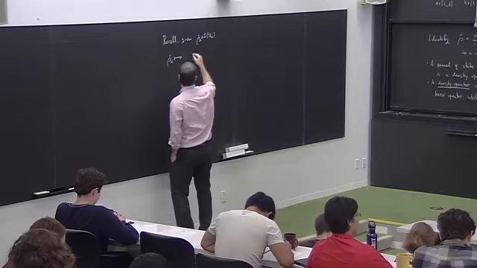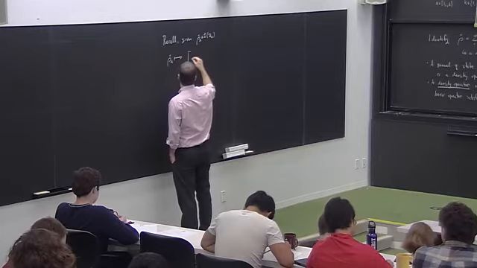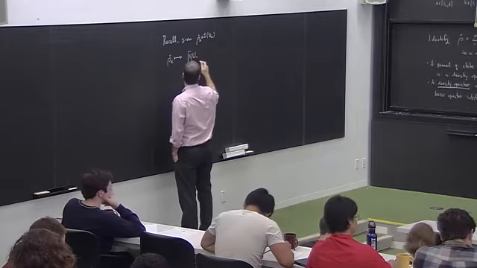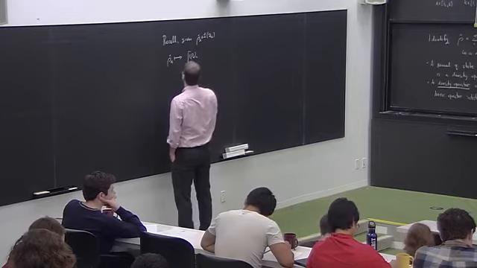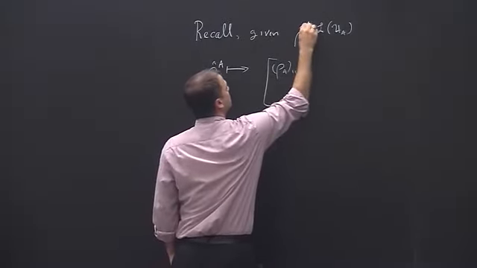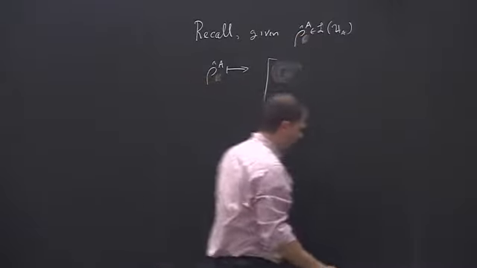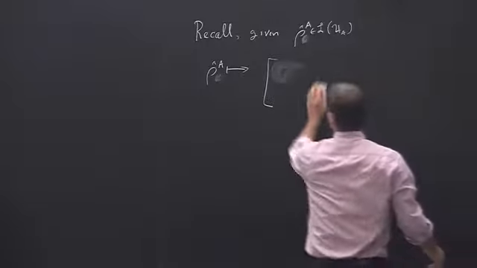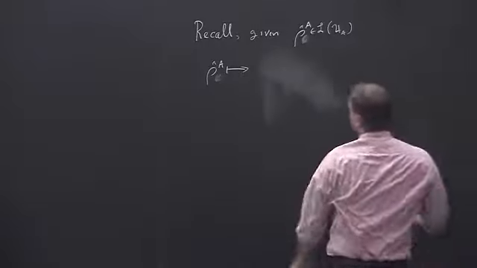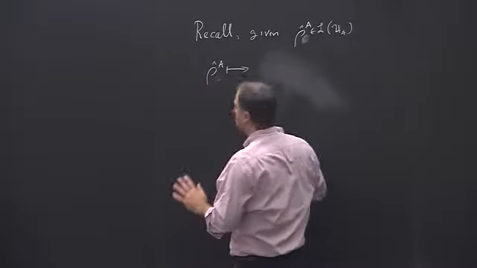Its matrix representation is given by rho A 1, 1. This is a bit annoying having too many subscripts. I'm going to move my A to the top here so I can avoid clumsy notation. Okay, so this isn't general relativity where it matters whether it's a superscript or a subscript. For us, it's just an index.